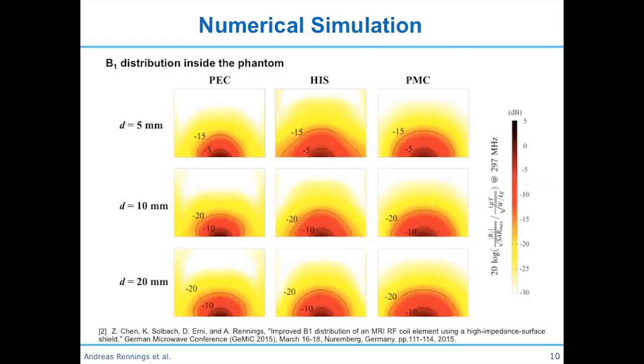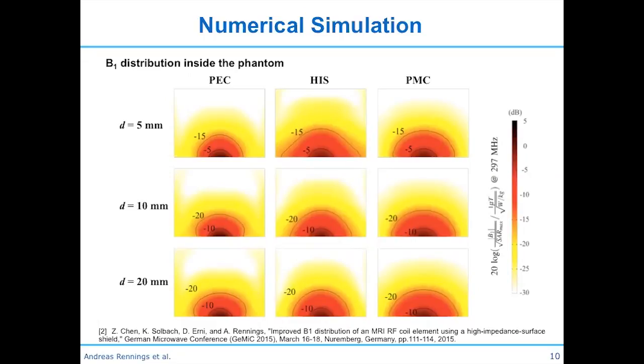What is visible here in these 9 pictures is that the width of this high B1 field is smaller for the PEC case compared to the PMC case, because the magnetic field in the PEC case must go between the dipole and the PEC shield, and in the PMC case, it can end in a normal manner on that shield.